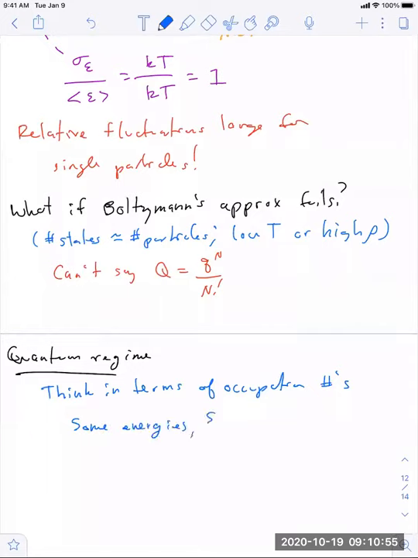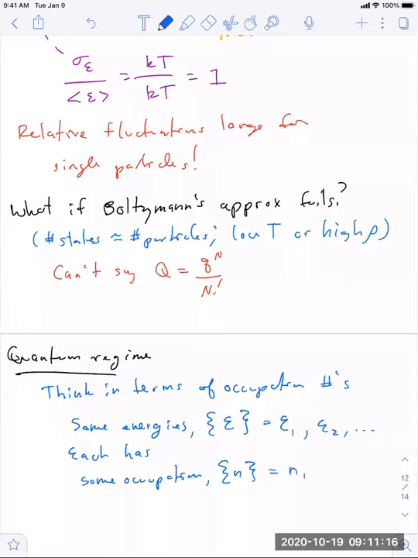So I have a set of energies, E1, E2, and so forth. And then each of these energies has some occupation, so some number of particles that are exhibiting that energy. So then I have a set of occupation numbers like N1, N2, and so forth.